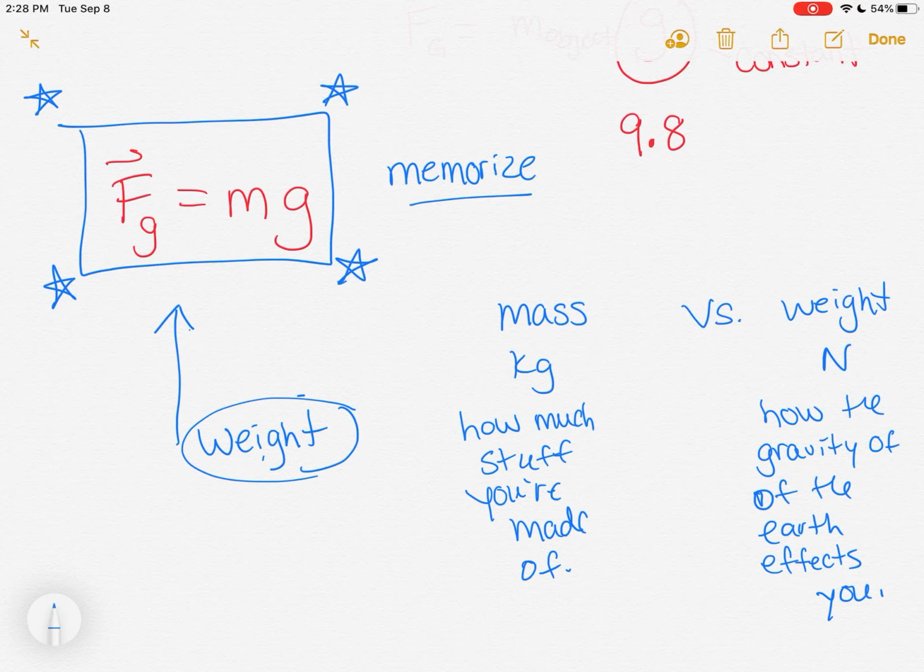Okay, so when astronauts go to space or to the moon, their mass stays the same. An astronaut here on Earth has the same mass as an astronaut on the moon, as long as it's the same astronaut. They'll have the same mass, but their weight will be different. If you're in the International Space Station, astronauts are weightless.